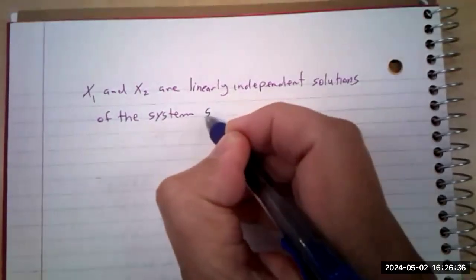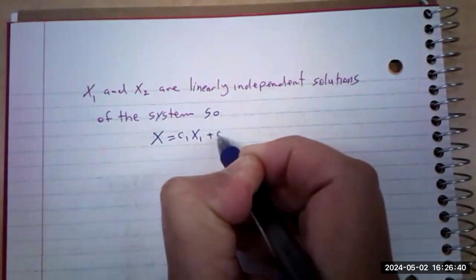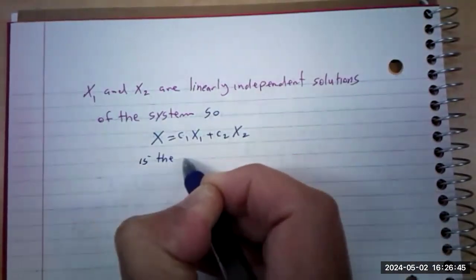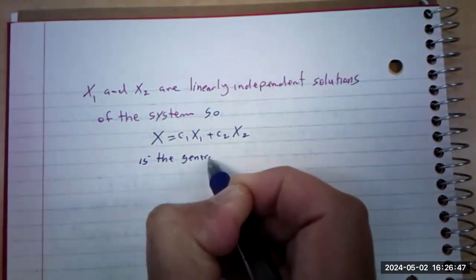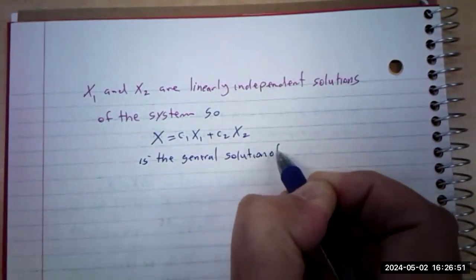So x equal to C1 x1 plus C2 x2 is the general solution of the system.